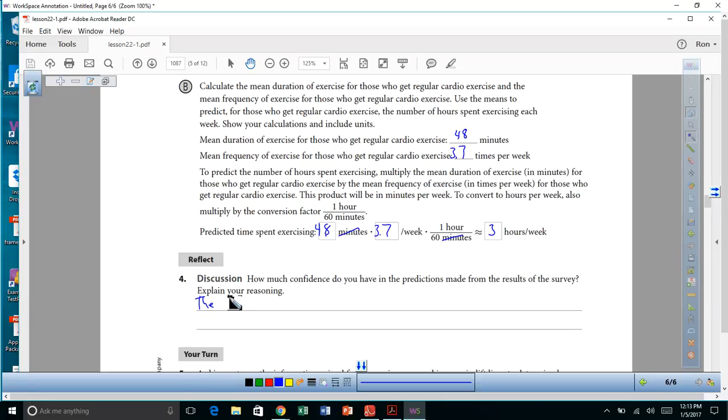The sample was random, which makes the results representative of the population.